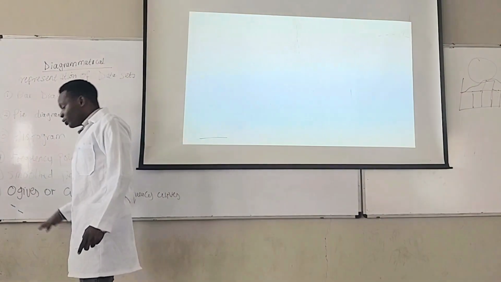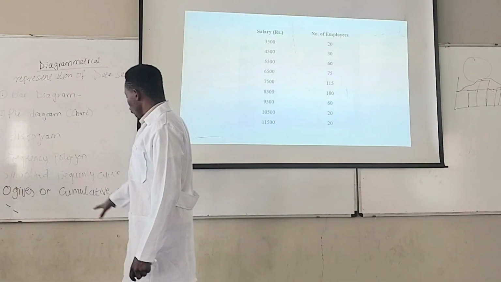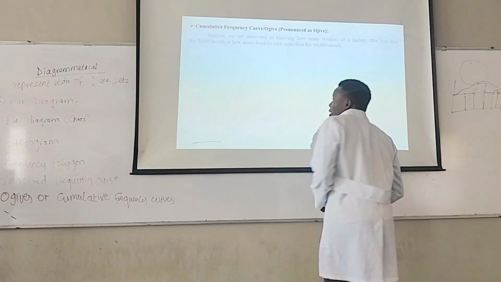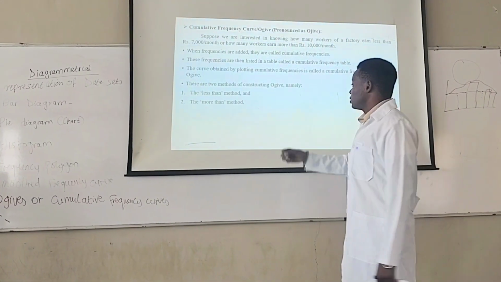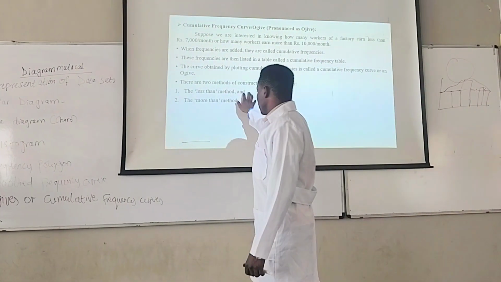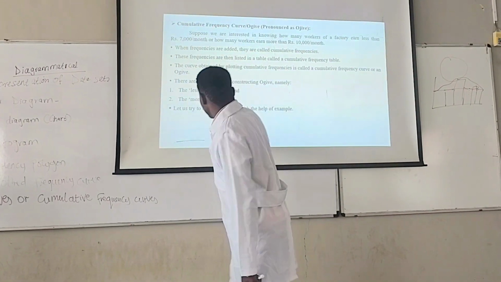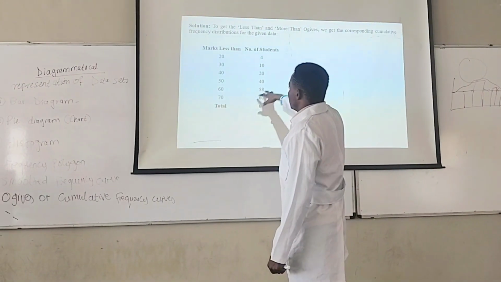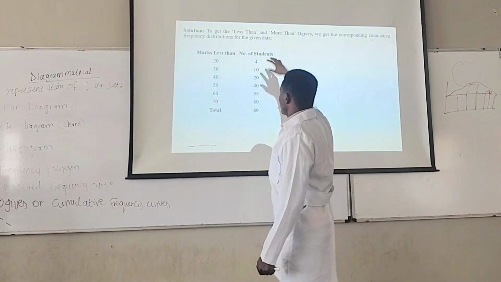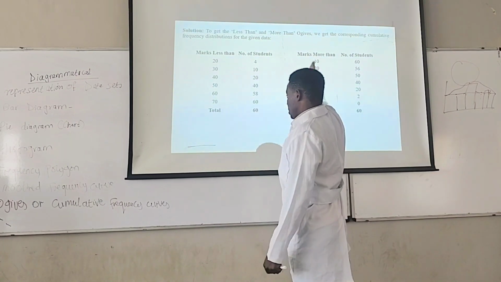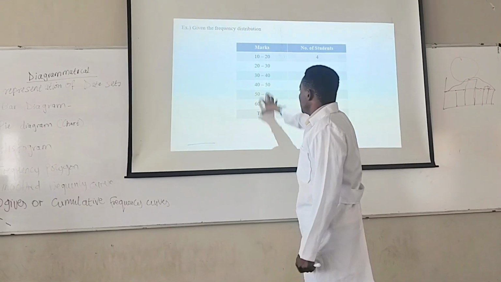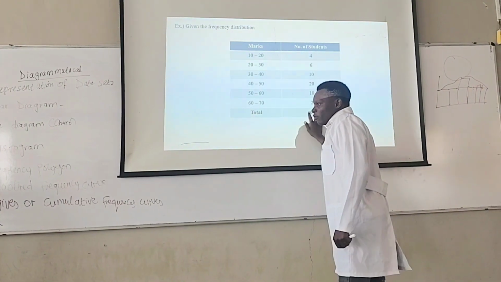Now, last but not least, we have the Ogives. The Ogive, which is the cumulative frequency, is of 2 types. We have the less than method and the more than method. So we are going to look at an example. When you look at this data being displayed here, these are intervals and this is the number of students.